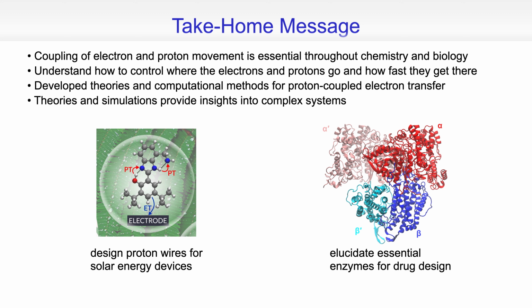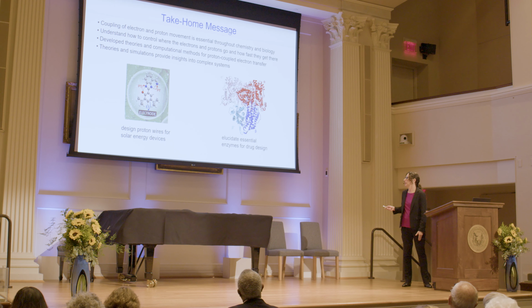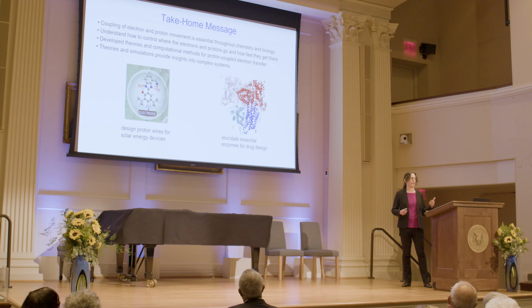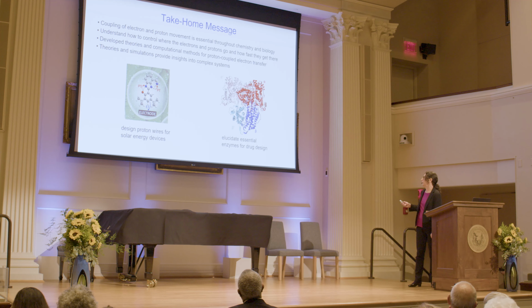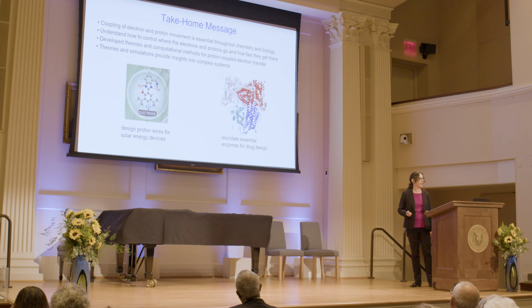And our theories and simulations have been providing insights into very complex systems. There's an example here about designing proton wires that can be important for solar energy devices, and also elucidating enzymes, like this one here that's essential for DNA synthesis, so this could be important for drug design.